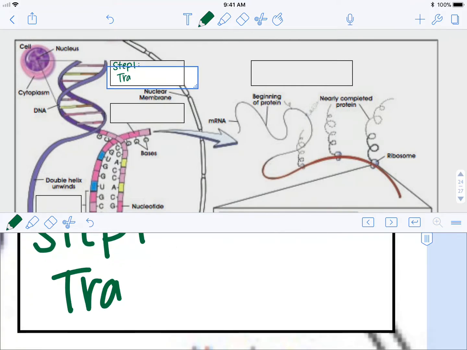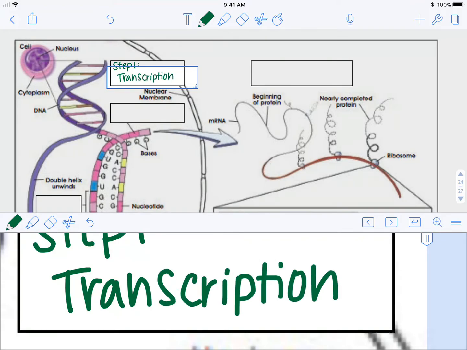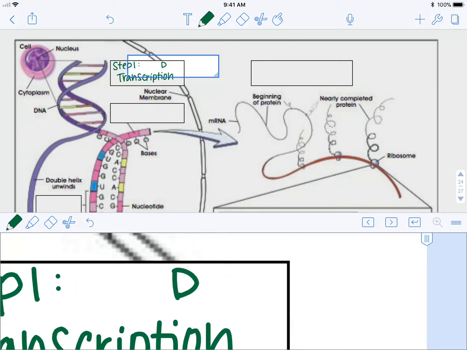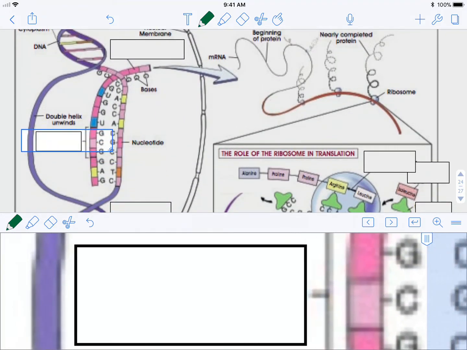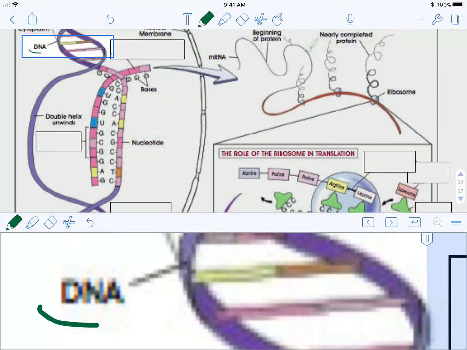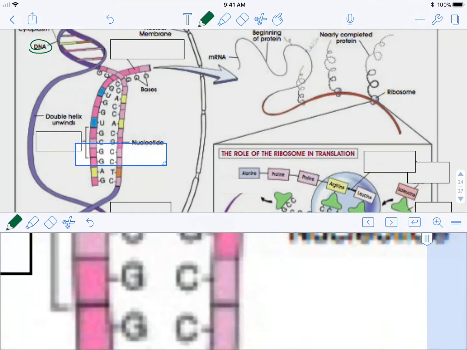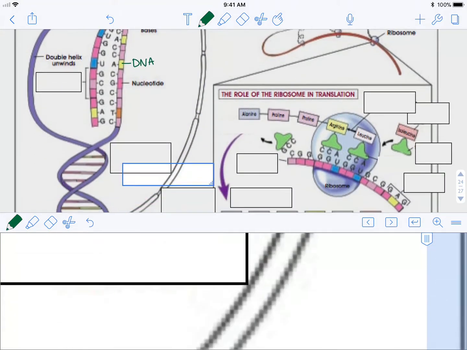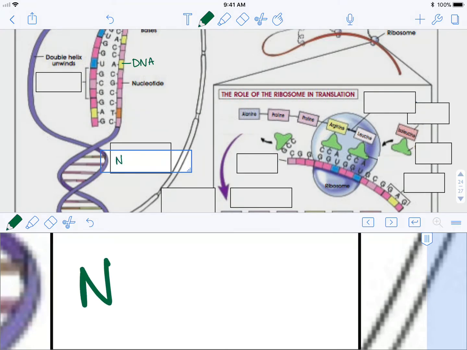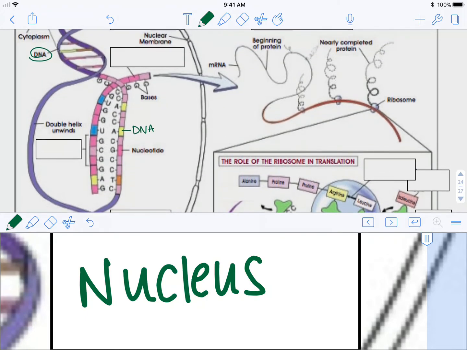Step 1 was transcription. And remember, transcription was going to be DNA to RNA. Okay? So if we look here, this purple stuff is our DNA. This here is the DNA that is growing. We are inside of the nucleus.